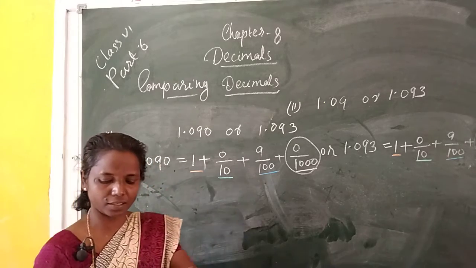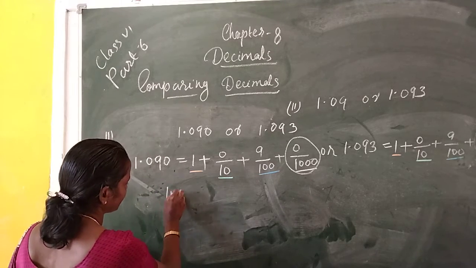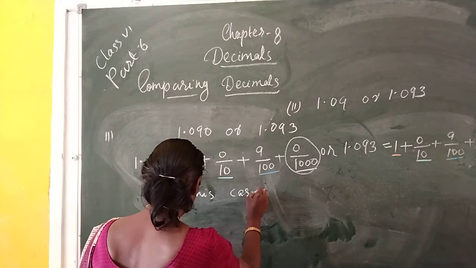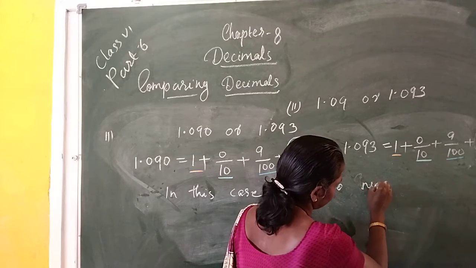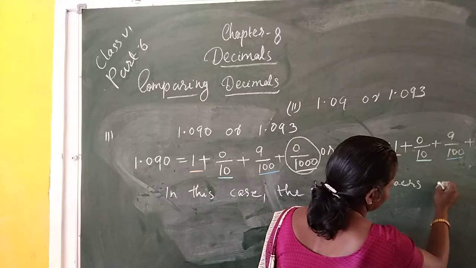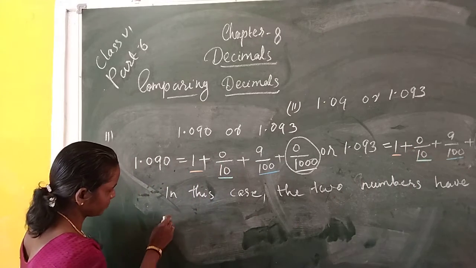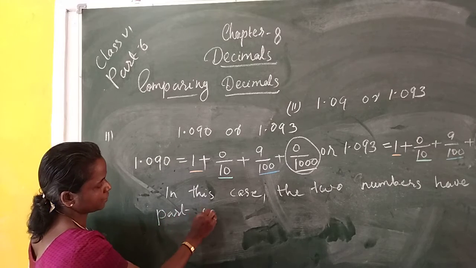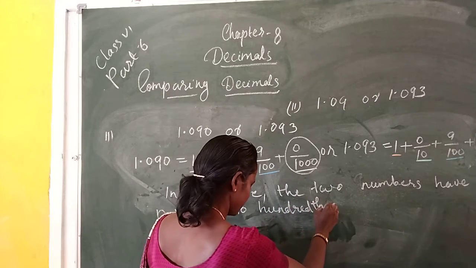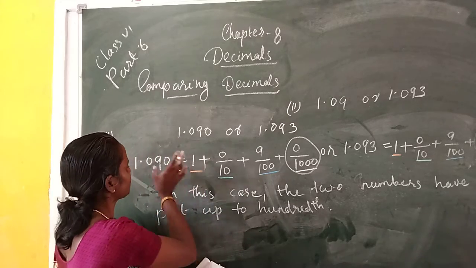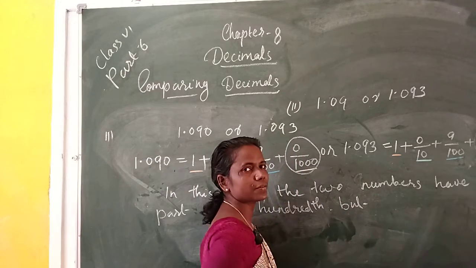Is it clear? Then we can write it. In this case, up to hundreds all the numbers are same. But which place is different? 1000 place.